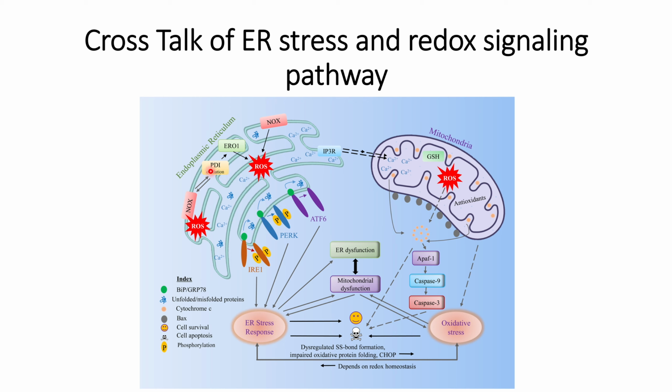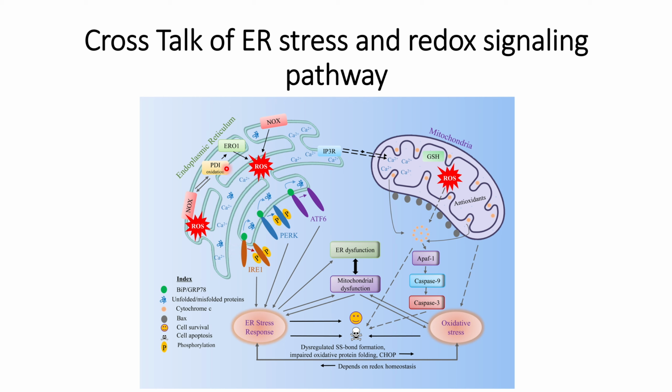If PDI does not perform its function properly, then it will trigger ROS generation, and this ROS generation will trigger the ER stress, and this ER stress will finally trigger the unfolded protein response.